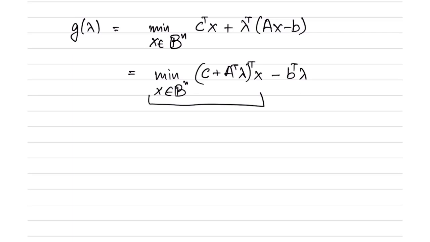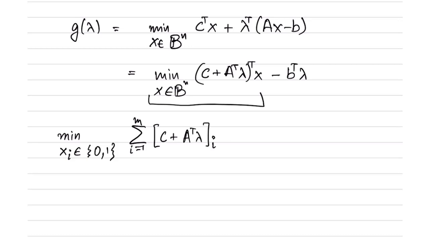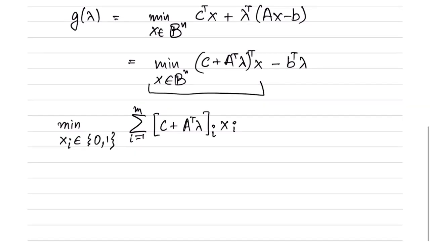This subproblem you can write as minimize over xi in 0, 1 the summation over i equal to 1 to n of (c plus A transpose lambda) ith entry times xi. So we are multiplying the ith entry of this with xi, summing, and that is the objective function.